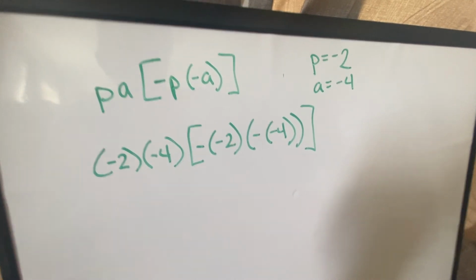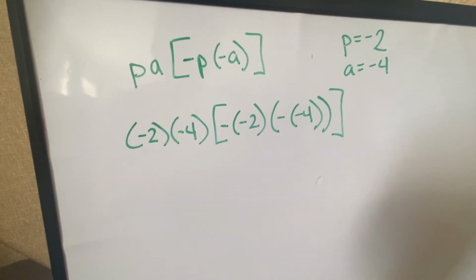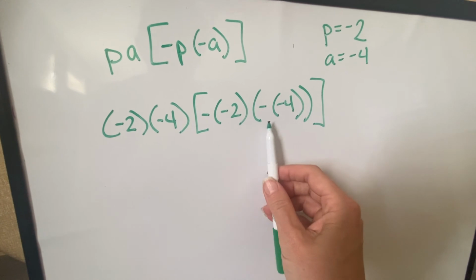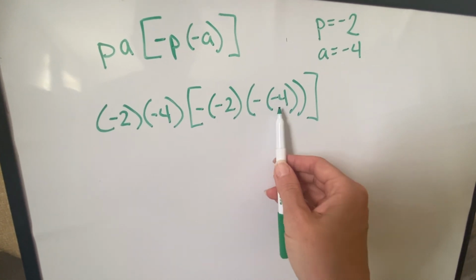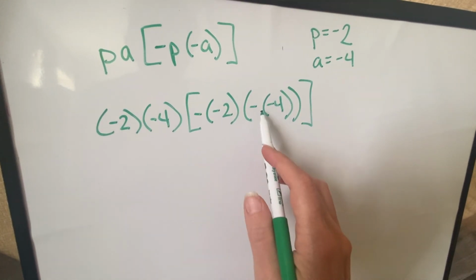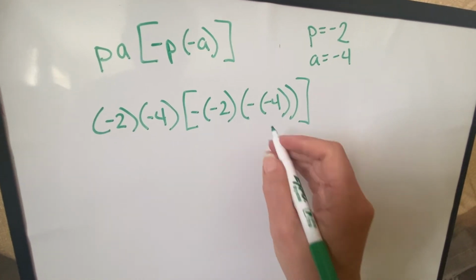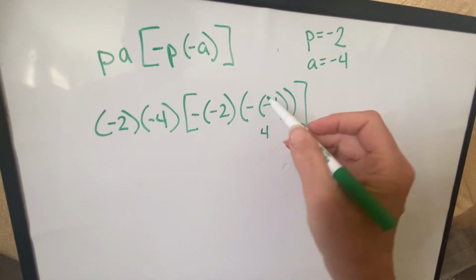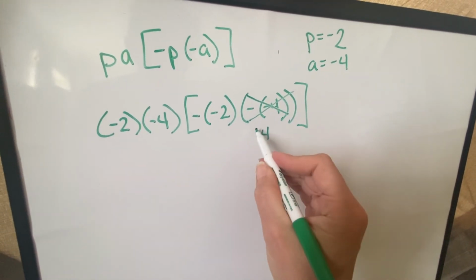Okay, lots of parentheses, but don't freak out. It's okay. Let's start with the innermost, where we've got all these parentheses beside each other, and we've got a negative times a -4. Okay, so 2 negatives. Remember how I told you you can pretend like this is a -1. -1 times -4 is a +4. So this whole thing becomes a +4.